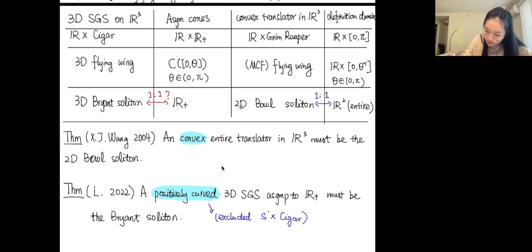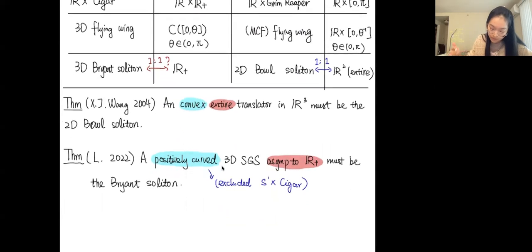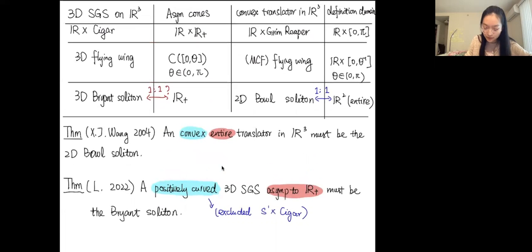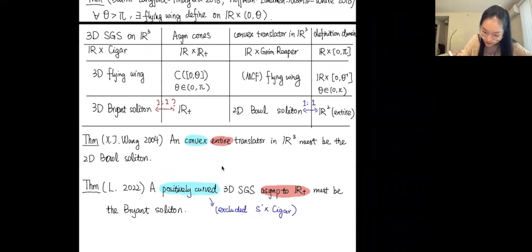The other conditions are compared like this: the entire assumption is compared with the asymptotic condition here. So this is the analog of the theorem in Ricci flow. Any questions so far? Okay, let's continue.